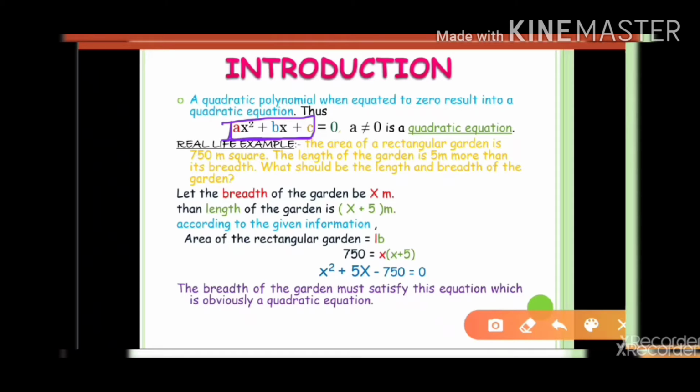When we write ax square plus bx plus c is equal to 0, then it becomes a quadratic equation.